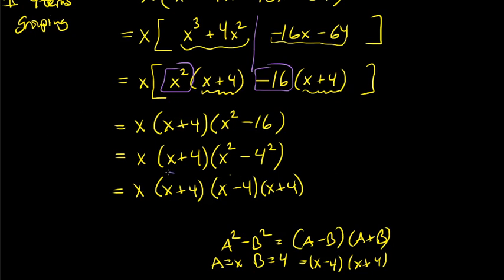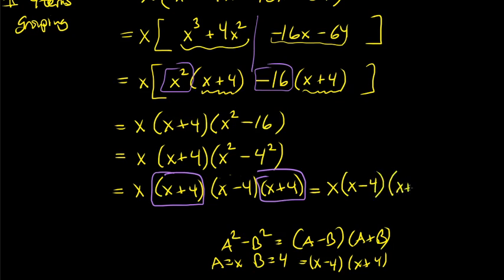Now there's one crucial thing here. X plus 4 times x plus 4 is really x plus 4 squared. So I think we leave the x in front, and then we'll do the x minus 4, because then x plus 4 times x plus 4 is really x plus 4 squared. And now we're done.